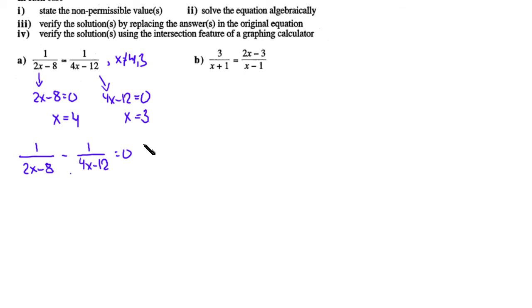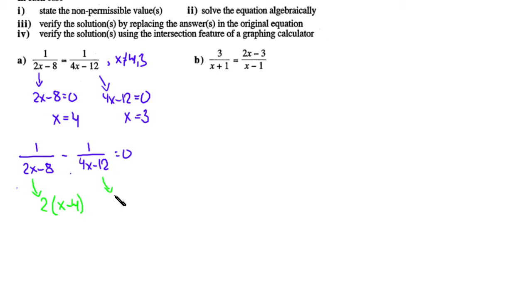Then we're going to find the lowest common denominator. Actually, before we do that, if we take a look at the denominators, we can see we can factor them. So let's start by doing that. Here, we can factor out a 2, and we're left with x minus 4.